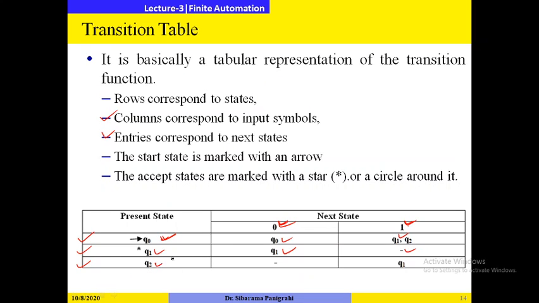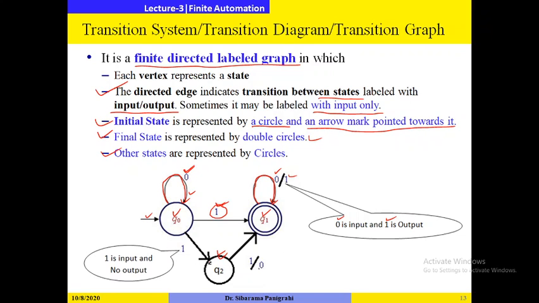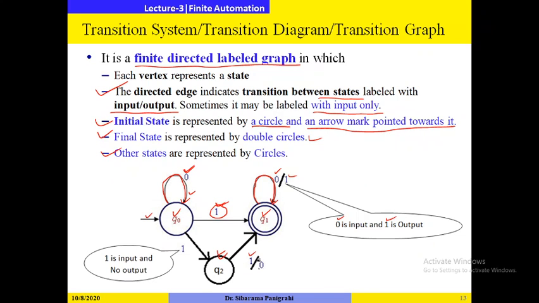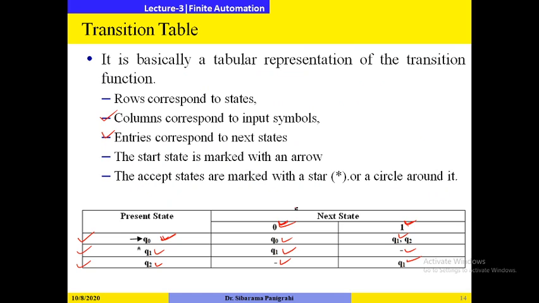Next, Q2 by taking 0 as input: Q2 has a transition on 1, but on 0 there is no such transition, so it is phi. Q2 by taking 1 as input, the next state is Q1. I hope all of you have understood this much, and for today we will stop over here.